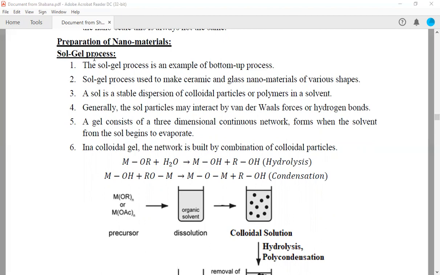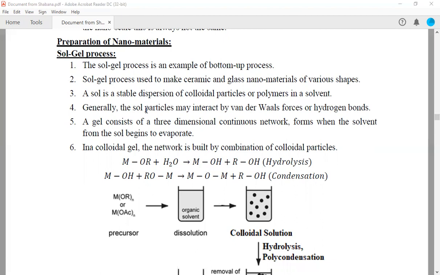So the sol gel process is a wet chemical technique that uses a sol to produce an integrated network, that is, a gel.